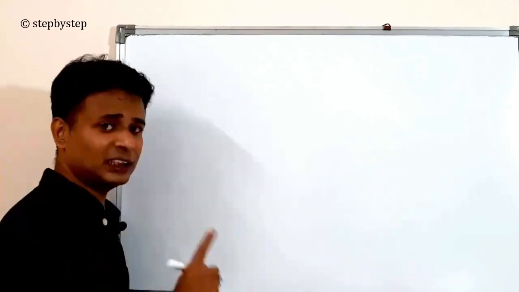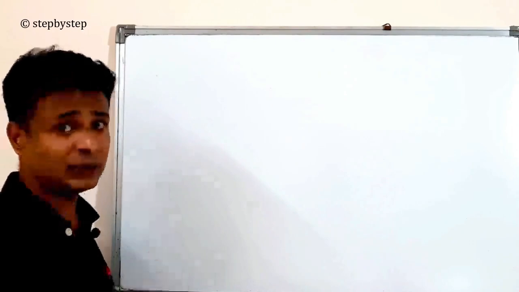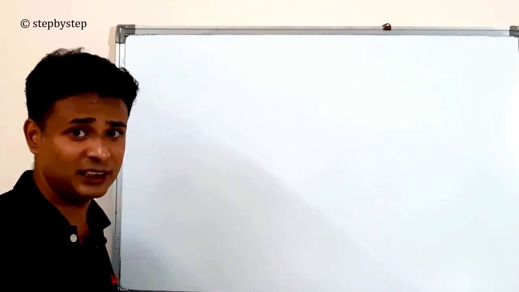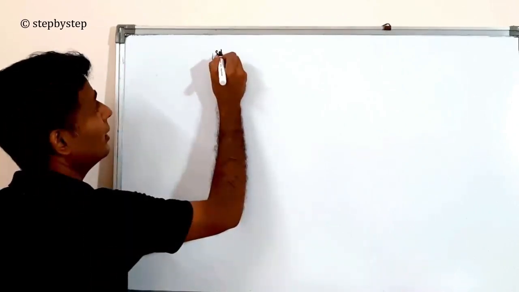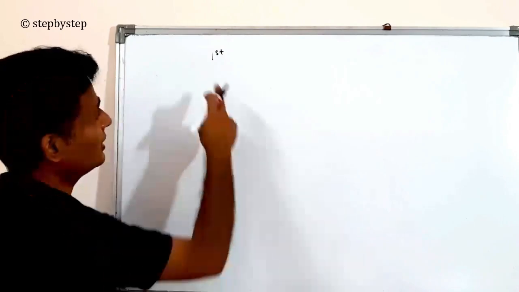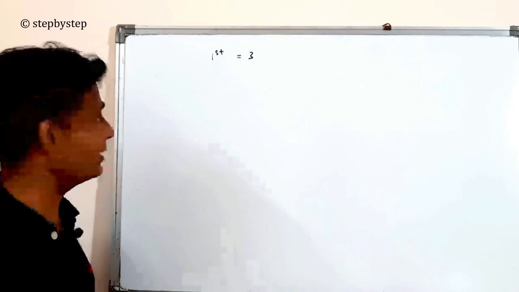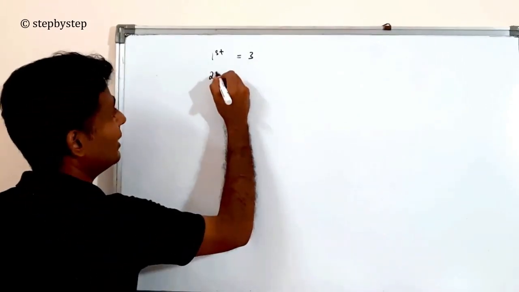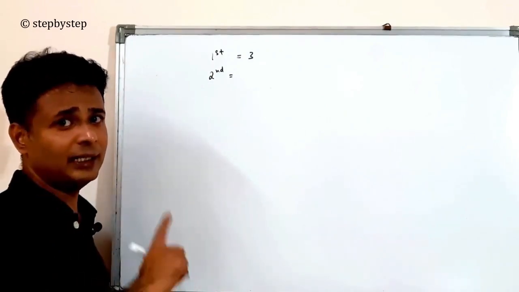So there were 3 sections for each class, and each section is planting the same number of trees as the class in which they are. So first standard has 3 sections and each section is planting 1 tree because they are in first standard. So total number of trees planted by first standard students is 3. The second standard students, each section will plant 2 trees and there are 3 sections.